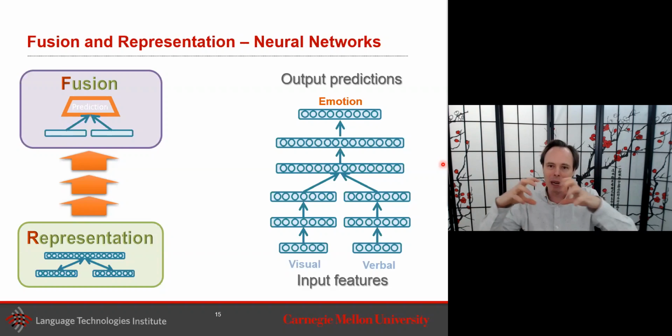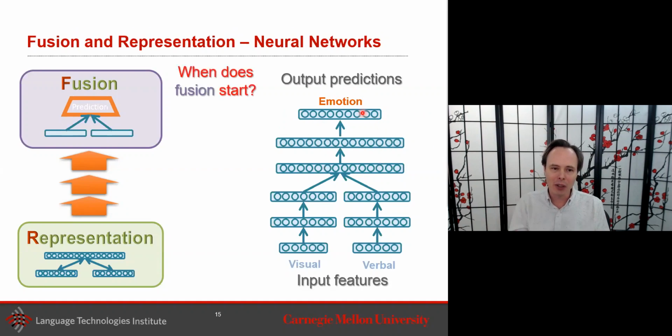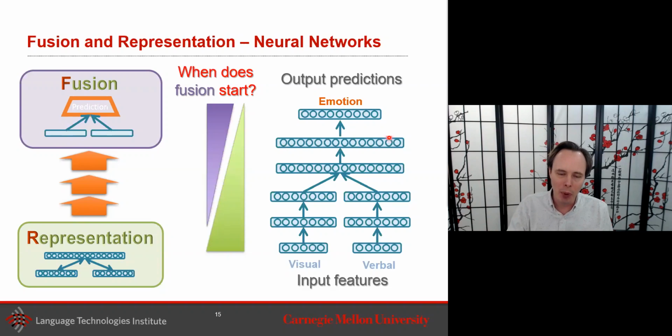These labels can also have some structure in them, and that's where graphical models, and that's where fusion comes in. When it's time to make that prediction, fusion is closer to the end point, closer to the final prediction.